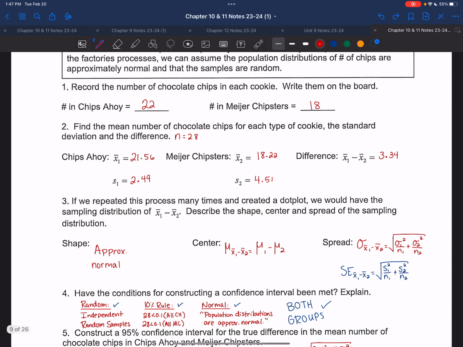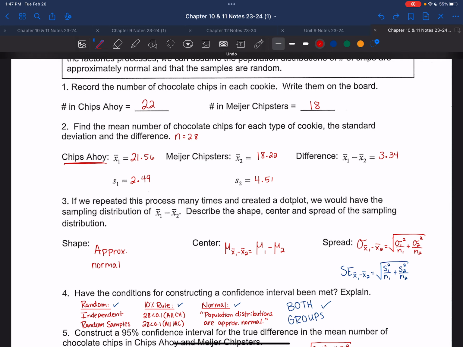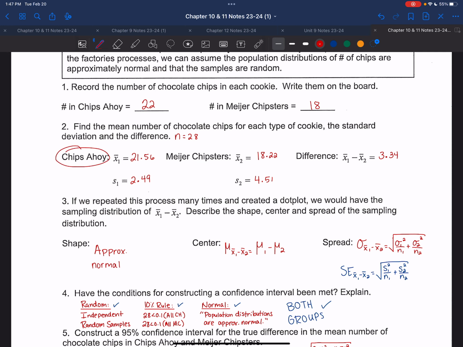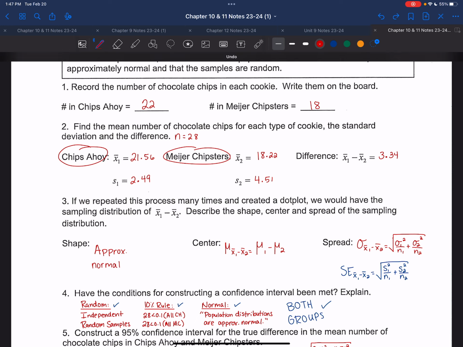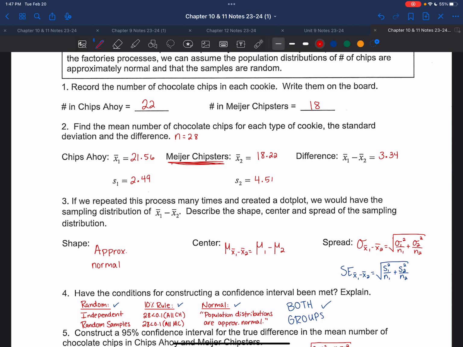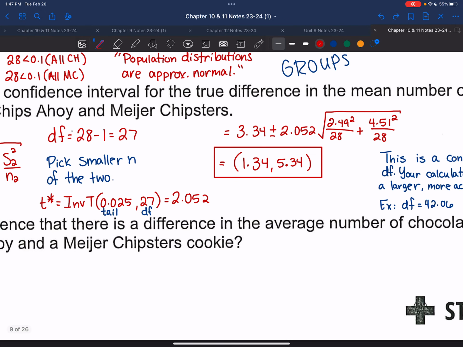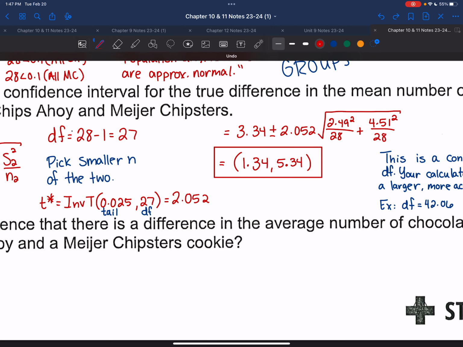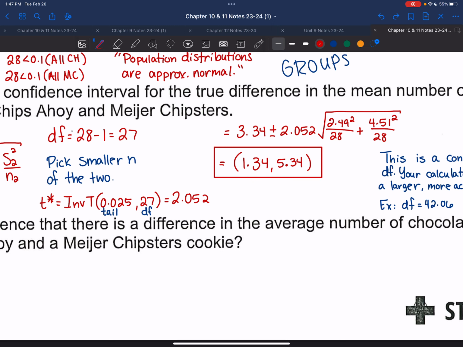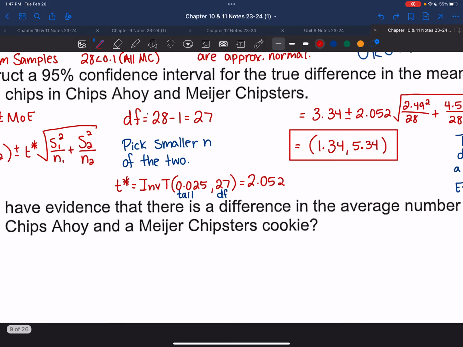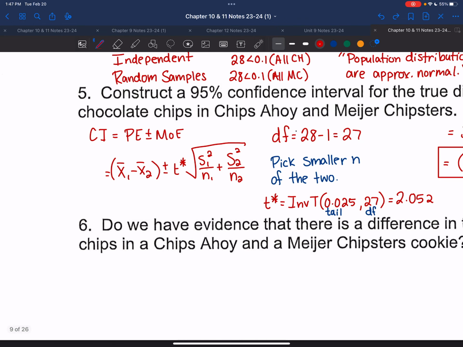So since we're doing Chips Ahoy minus Major Chipsters, if we get a positive value, Chips Ahoy has more chocolate chips. Think big minus small gives you positive, okay? If it was a negative interval, then Major Chipsters would be more, all right? So our interval tells us that all of our values are positive, meaning we have evidence to suggest that Chips Ahoy has more chocolate chips on average. Okay, so it says, do we have convincing evidence?